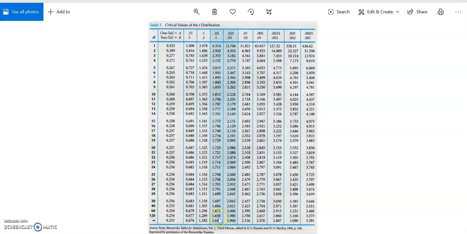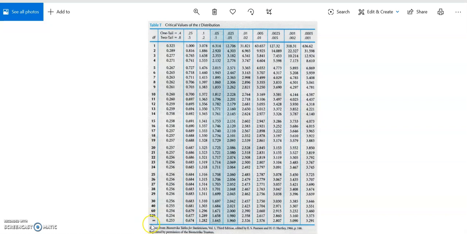Another important piece of information that we need in order to determine the z value, apart from the significance level, is the degrees of freedom.